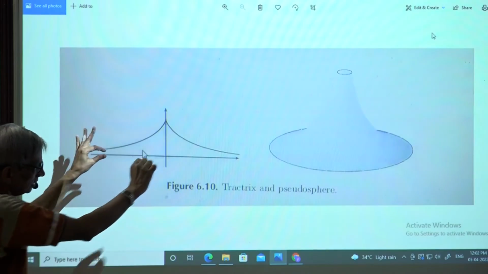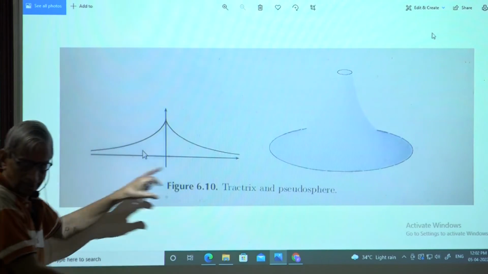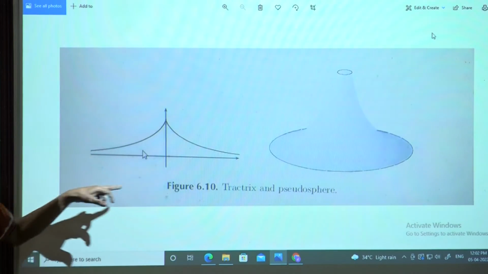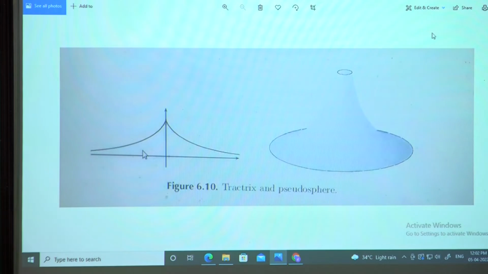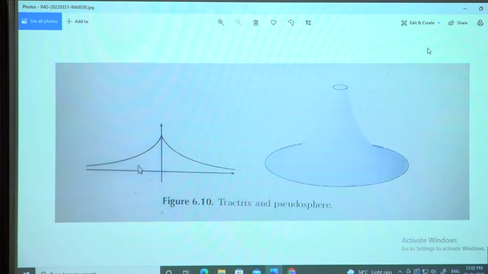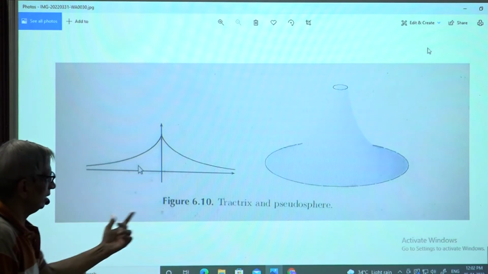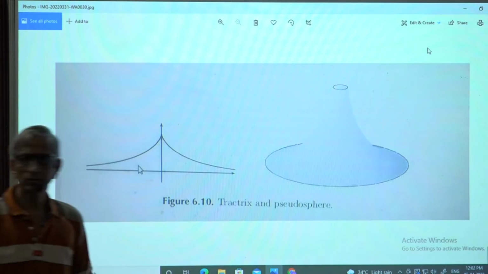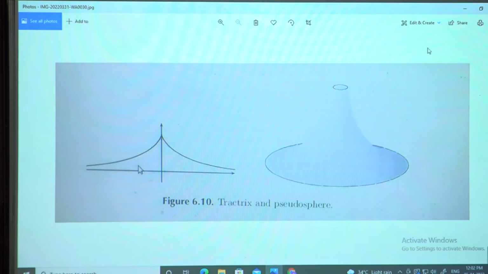So this is asymptotic to the x-axis here. So the top point is here. So this is going to give you the largest circle there. So this surface is called the pseudosphere, because this is a familiar shape, right? Although the name may not be familiar, right?